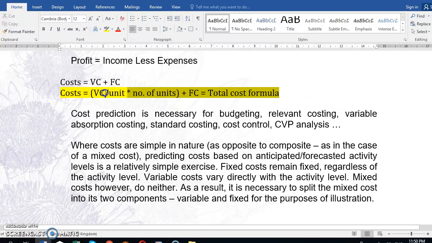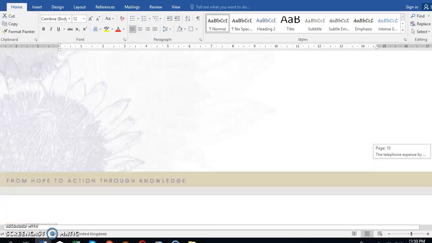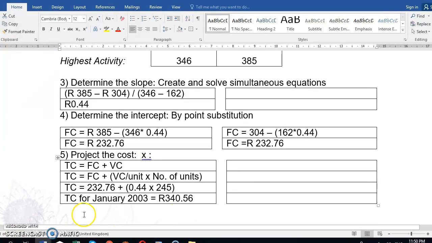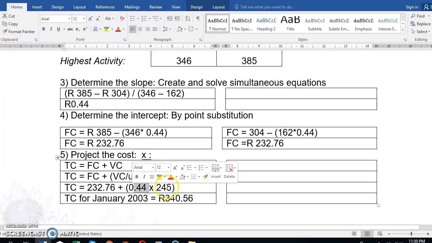So using this formula, as we discussed, the fixed cost is 232, the variable cost is 44 cents, but in January we're making 245 calls. Once we apply that to the formula, we expect our telephone bill in January to be 340.56.